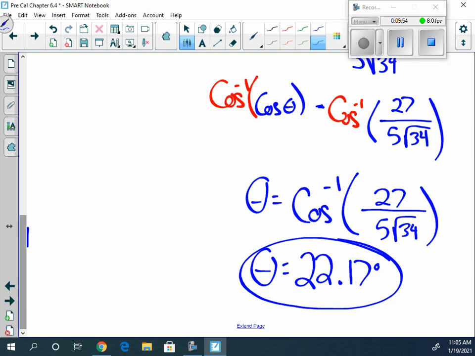So the angle between these two vectors is 22.17 degrees. And that's it. That's all we have to do to find this here. Questions on this here? We good with this here?